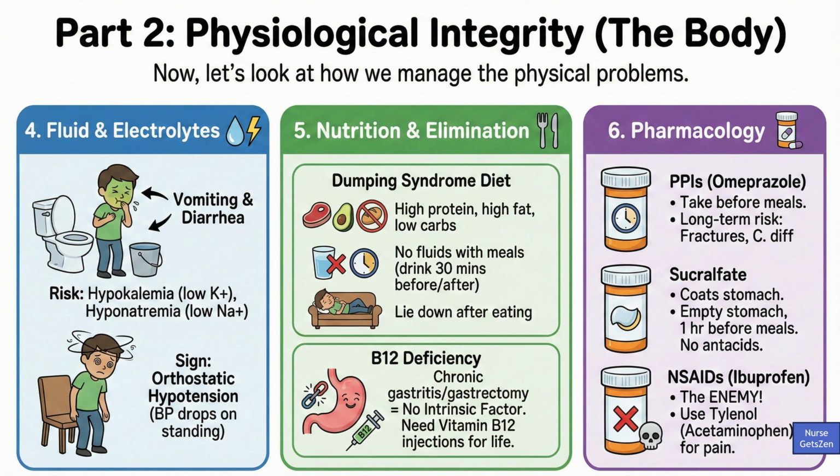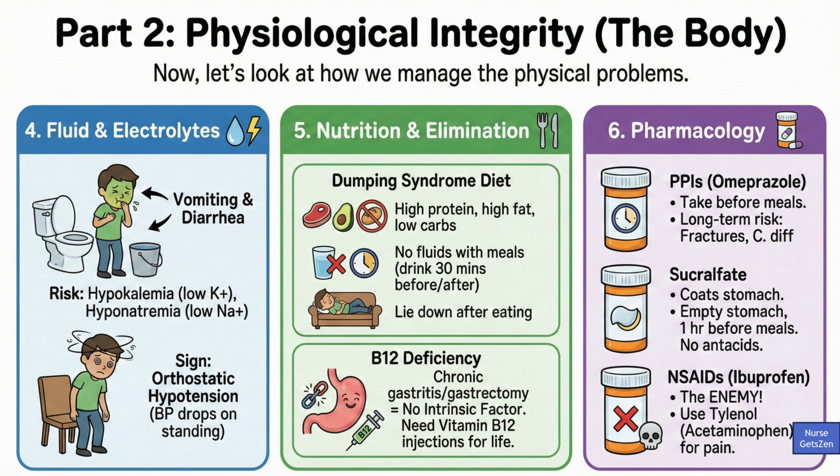For nutrition and elimination, the dumping syndrome diet is a classic NCLEX teaching point for the post-gastrectomy patient. High protein, high fat, low carbs, and no fluids with meals. Drink 30 minutes before or after the meal.